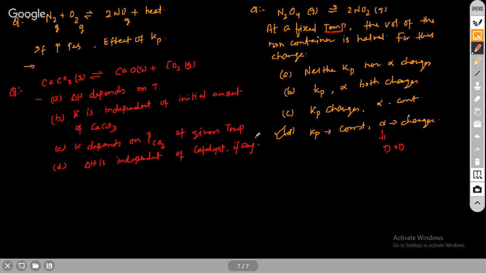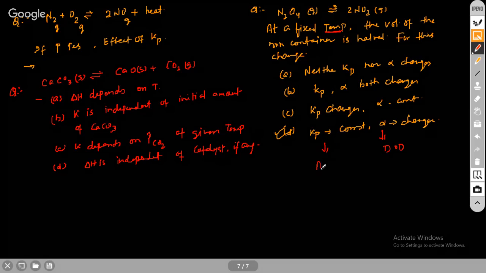One question that Vaishnavi has asked: does alpha increase or decrease with decrease in volume? Volume decreases means concentration increases, no?